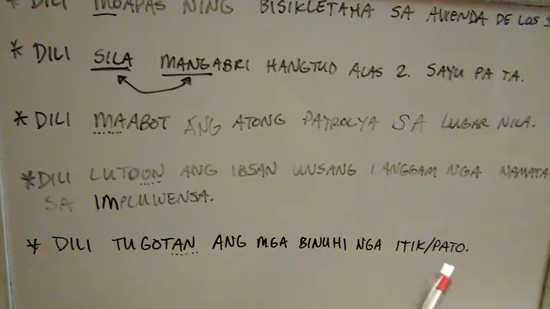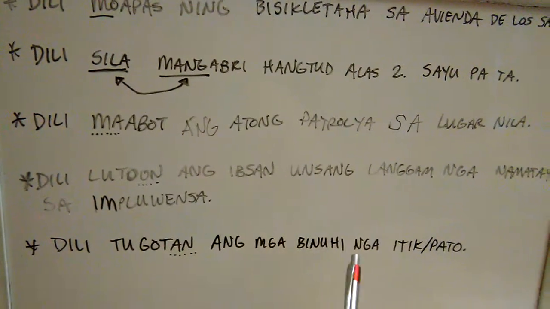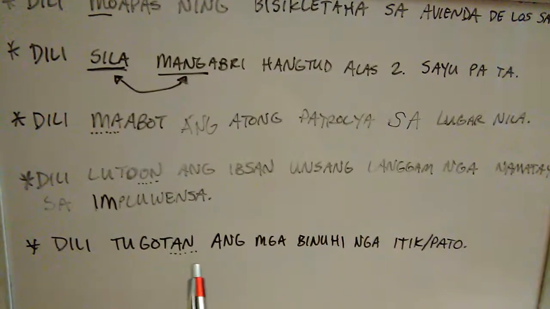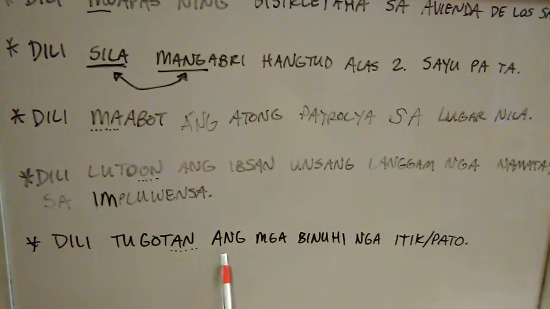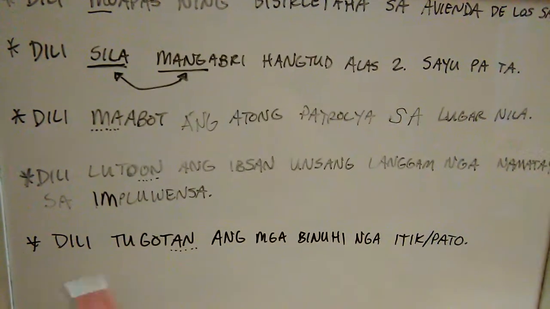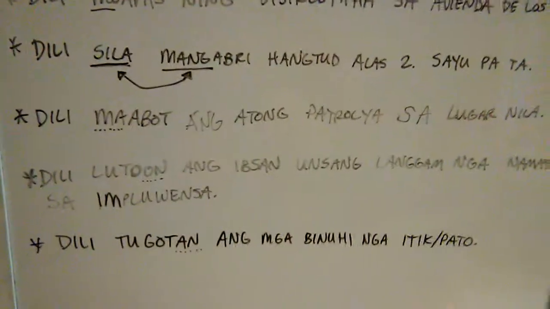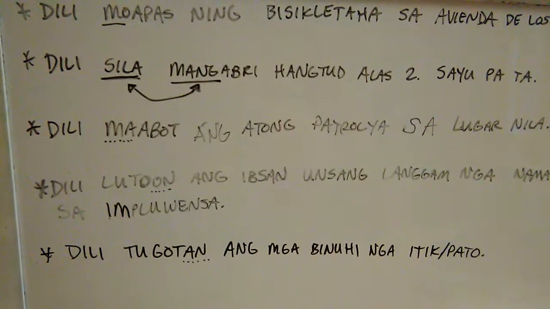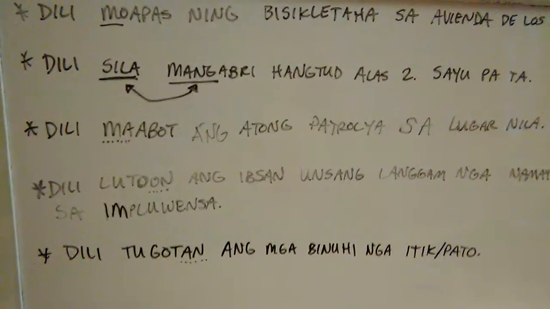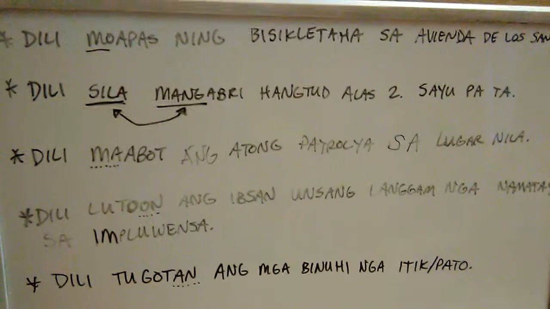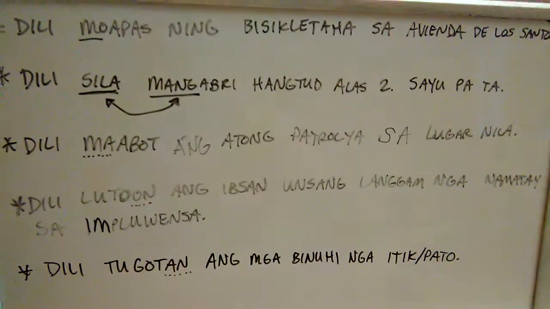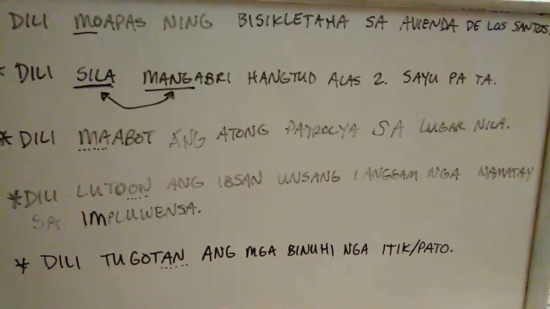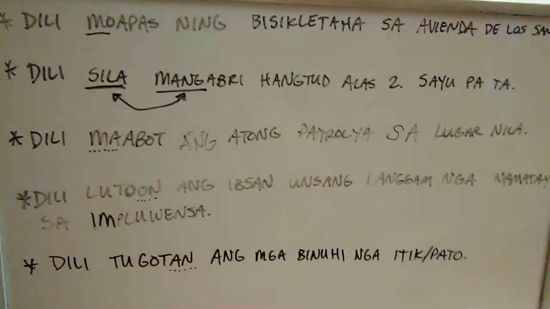Don't allow ducks as pets. Binuhi, pets, right? Tugutan. Again, it's that imperative. Dili tugutan. So you should also understand that if it's something like that, dili can work with the object focus. And I think that's it for the most part. Again, you don't see any past incompleted, incepted aspects on here.